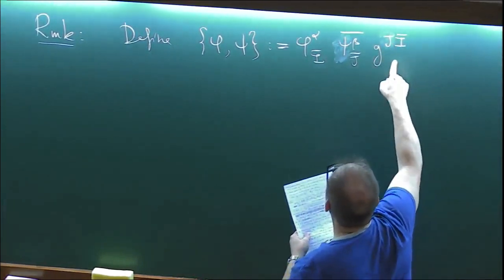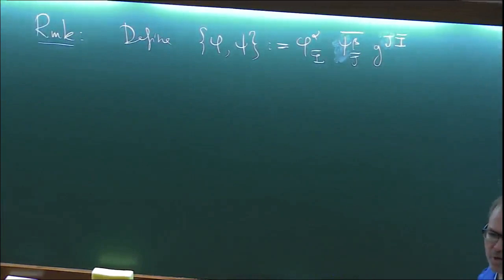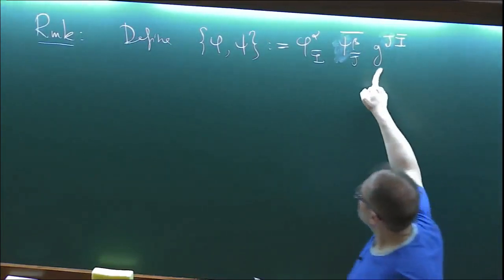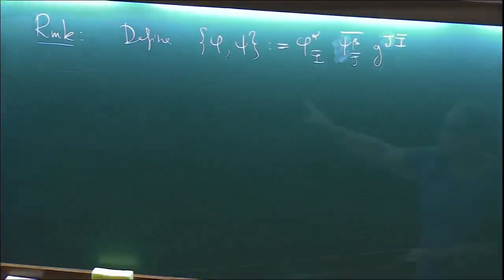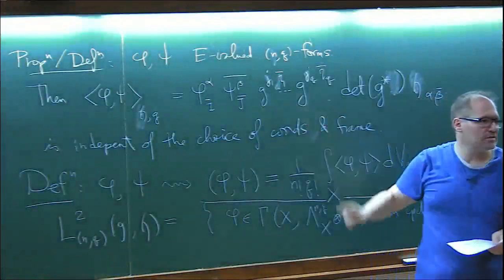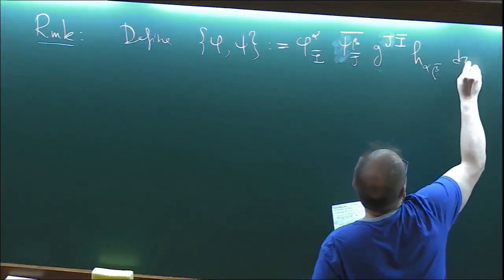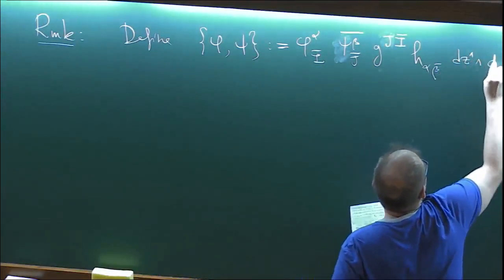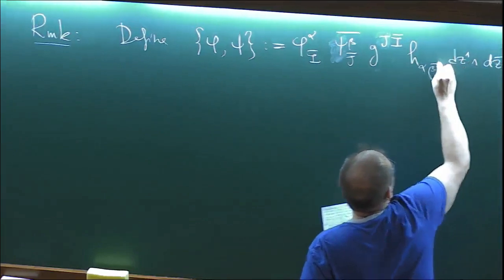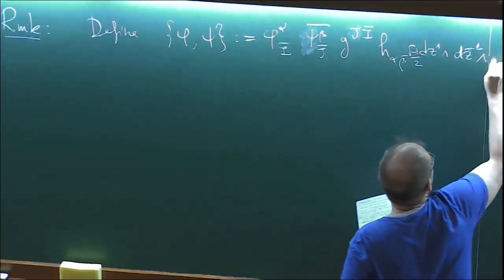So this means the product of G, J1, I1 bar. This thing here is just this product of these things, the multi-index metric notation. And then H alpha beta bar. And now you simply put dz1 wedge dz bar 1 square root of minus 1 over 2.